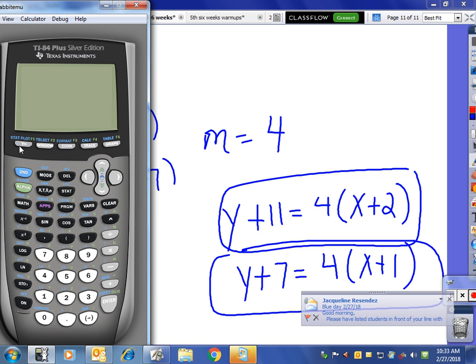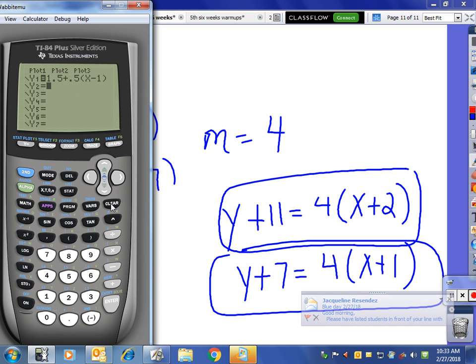I want to show you something. I'm going to put them both into y equals. Without converting them, I'm going to put them both into y equals just by moving the numbers over. So I'm going to put in 4 parentheses x plus 2. And then how do I get that 11 to the other side? Minus 11. Okay, so I'm just modifying it a little bit to make it calculator friendly.